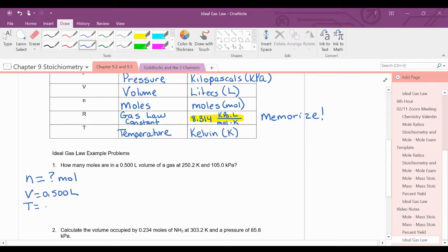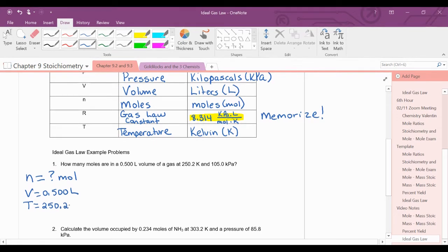Temperature is 250.2 Kelvin. And our pressure is 105.0 kilopascals. And the R value is not there, you just have to memorize it.